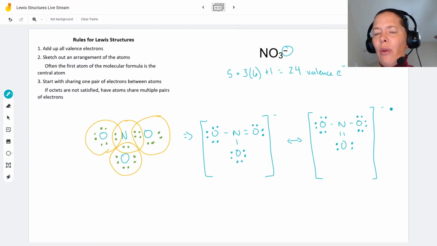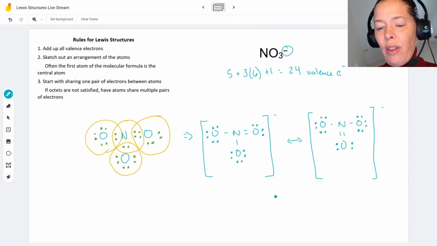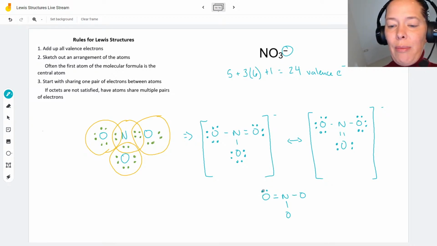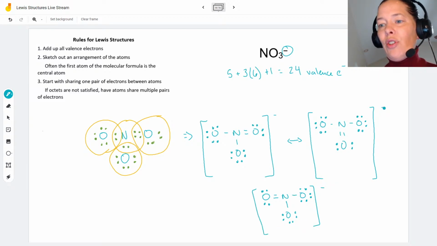I think I'm going to have to draw it below, because the double bond could be for the oxygen on the right, it could be for the oxygen below, or it could be for the oxygen on the left. So we also have a third resonance structure where I put my double bond on the left. And let me get my valence electrons in. Almost. And let me get my brackets and my negative charge.